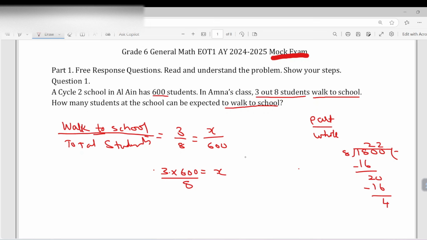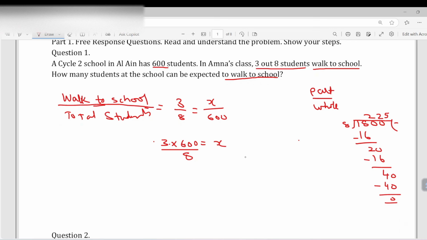This is 4, this 0 if you write here, 8 fives are 40. So that means we have 225 students walking to school.